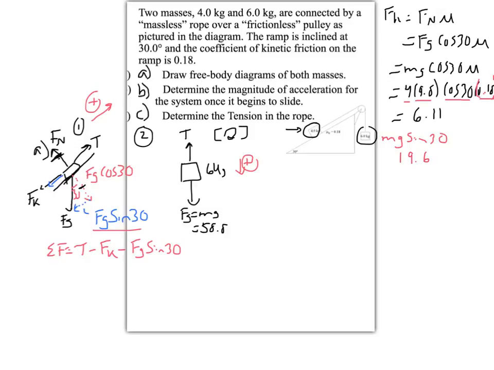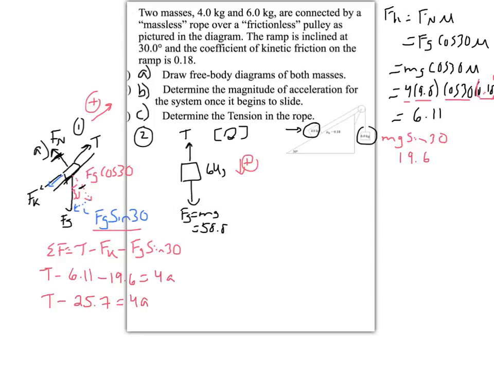So now our sum of forces is going to be T minus 6.11 minus 19.6, and that's going to equal m, which is in this case 4, times acceleration. Now we can simplify this. 6.11 and 19.6 give us 25.7 and 4a.